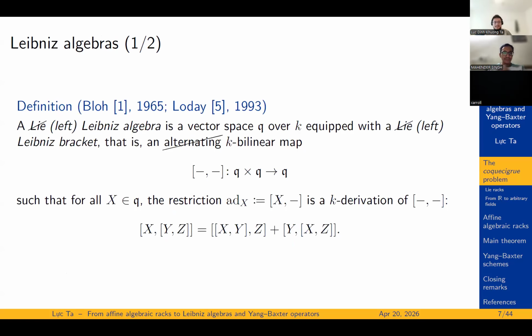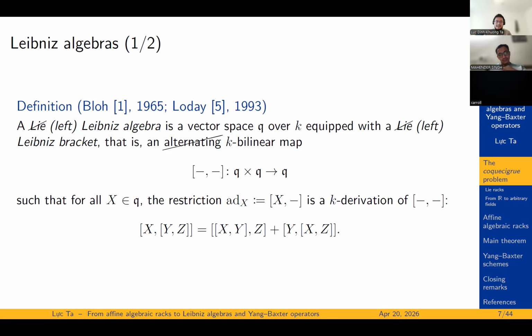So one natural way to generalize Lie algebras is by writing that exact same definition and then literally just deleting the word alternating. So a left Leibniz algebra is a vector space equipped with a bilinear map called a Leibniz bracket, such that if you fix the left variable in your bracket, then you get a k-derivation.